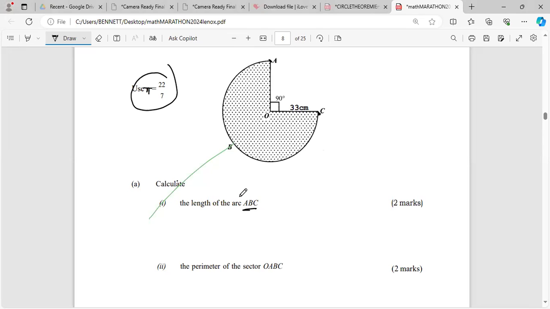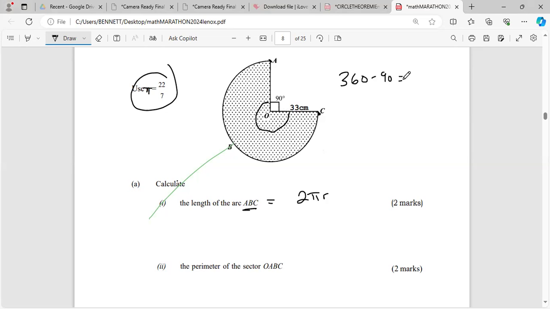Because the arc is a fraction of the circumference. So if one circumference is 2 pi r, all we have to do is focus on the angle, which they actually gave us here. But I don't think it was necessary for them to give us the angle. Once they give us 90, we could have figured it out. It could have been 360 minus the 90. But I think they actually told us that it was 270, which is good.